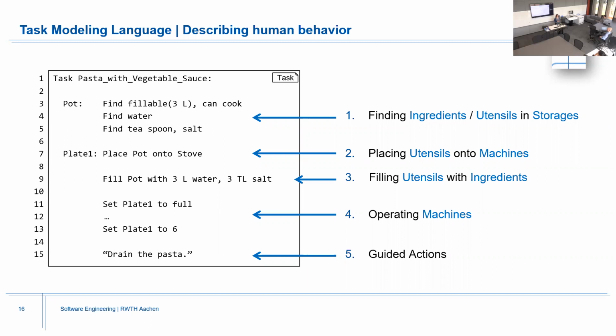You can operate machines, so for example, to set a plate on a certain degree. And what we also realized is that it's not good to try to squeeze every one of the tasks into this predefined kind of tasks that we have here. So we also have these guided actions where you can additionally just add textual information. This textual information is then used for the human user support.